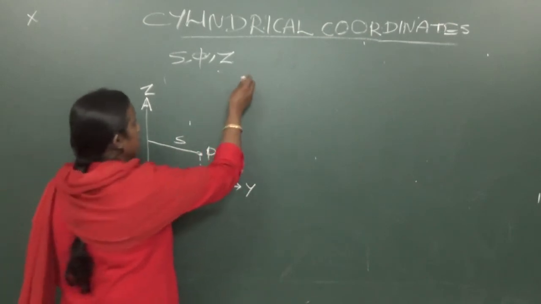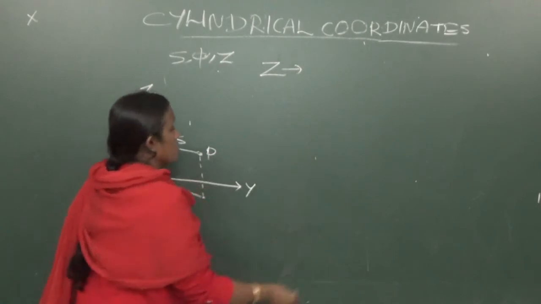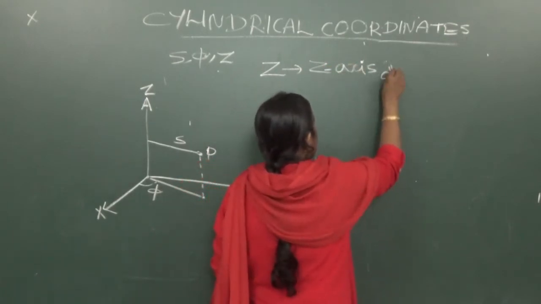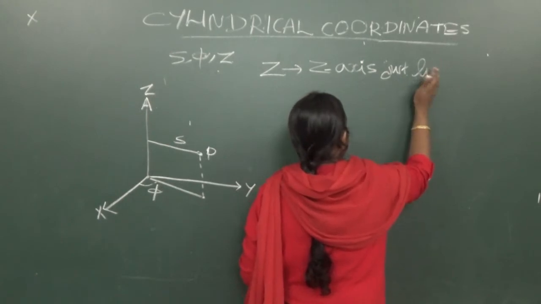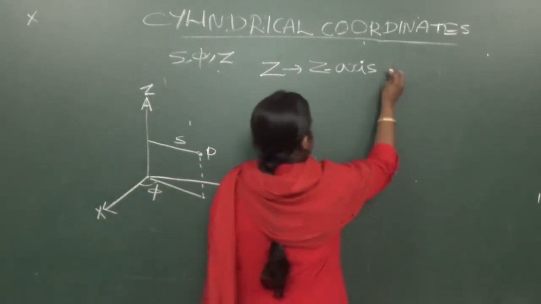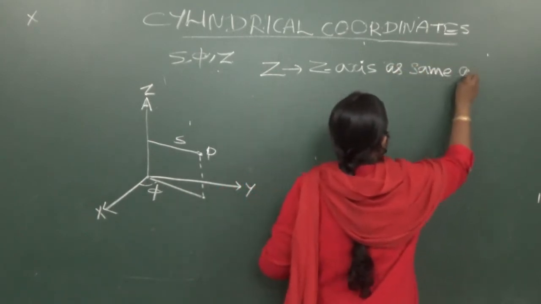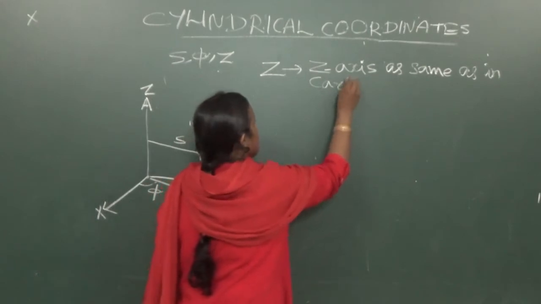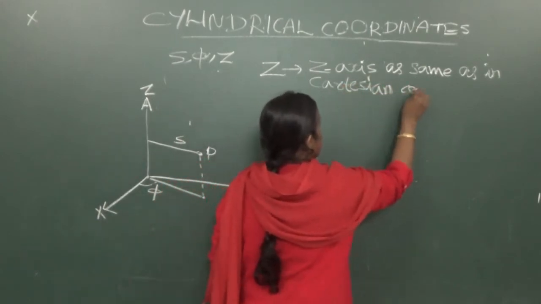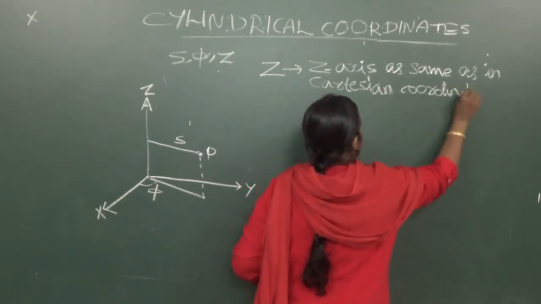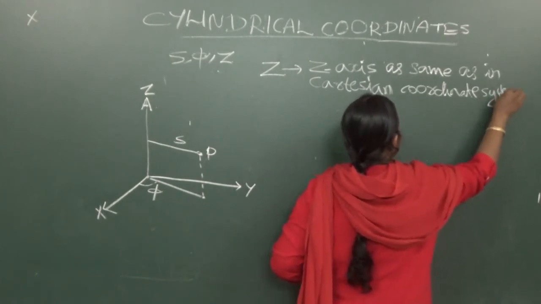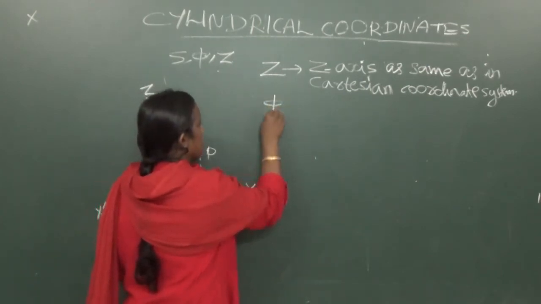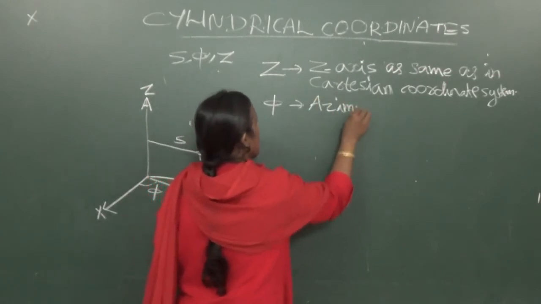So I can write here: Z axis, just the same as in the Cartesian coordinate system. Now phi is the azimuthal angle.